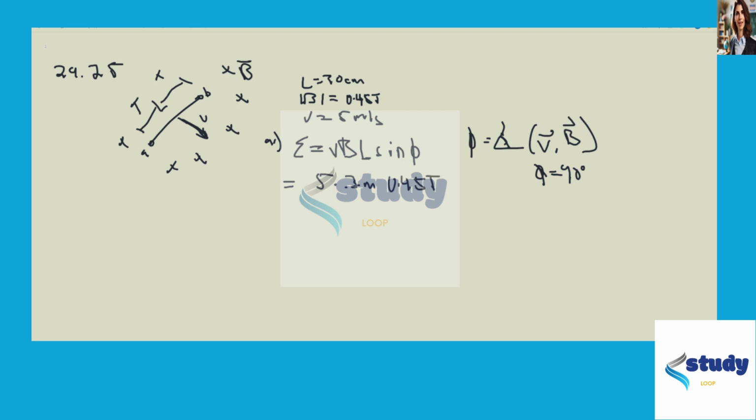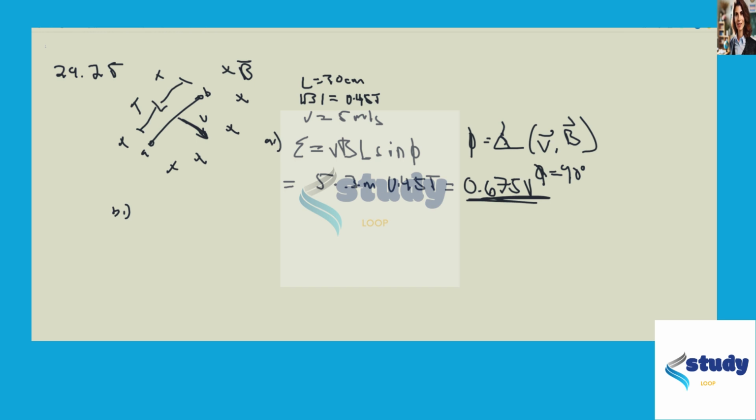Sine of 90 degrees is 1. So that is easy. We plug this in and we see that the induced EMF magnitude is 0.75 volts. Awesome.